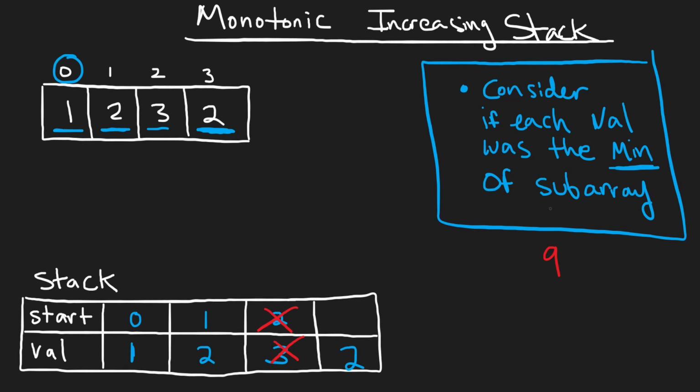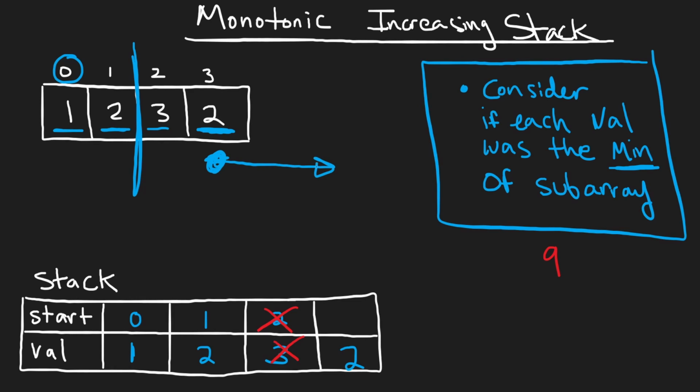Well, remember what we're trying to do here, right? If this value was the minimum, we want to know what's the biggest subarray it could possibly be a part of. And technically it can be extended to the left, right? That's why we popped this value. That's another reason why we popped this value, because it tells us how far back we can go.